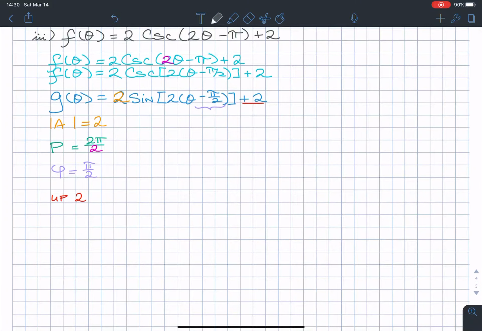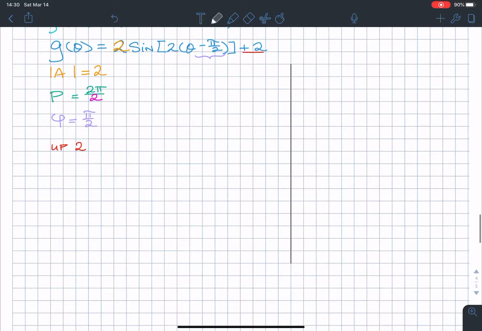So theta versus f of theta coordinate axes. And I know these are terrible representations of theta. Let me make that look a bit better.